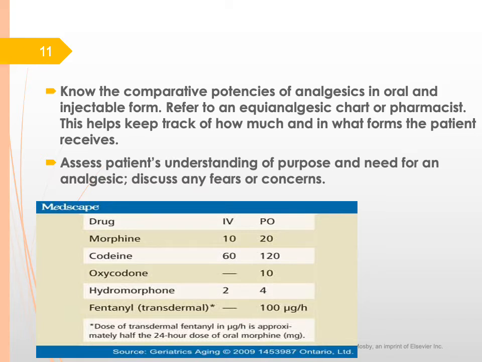So if you administer morphine IV at 10 milligrams, if the patient changes over to a PO route, the equivalent dose of 10 milligrams IV would be 20 milligrams PO. And between medications, basically 10 milligrams of morphine IV is equivalent to 60 milligrams of codeine IV.